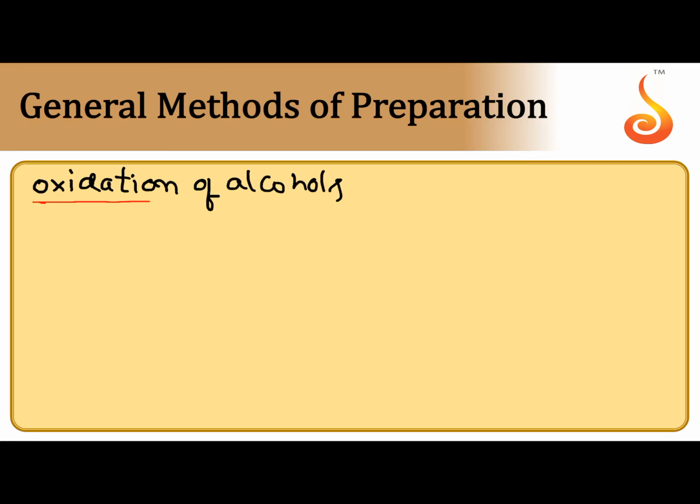Next, coming to the methods of preparation, oxidation of alcohols. When a primary alcohol is subjected to oxidation by certain oxidizing agents, say PCC or PDC, these are mild oxidizing agents, one hydrogen from oxygen and one hydrogen from carbon are both removed in the form of H2O.